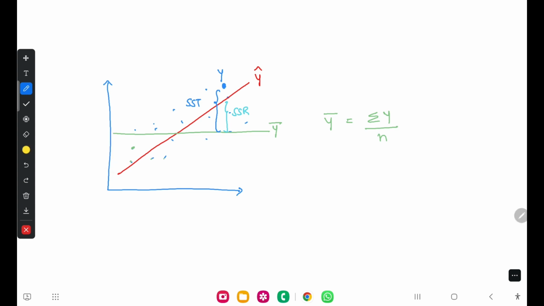What about this then? This is what we call SSE. Let's say study hours and marks again. If we had studied this many hours, we should have ideally got this marks based on our predicted value. That means based on the x, we have predicted the marks to be over here. But is that what has happened?